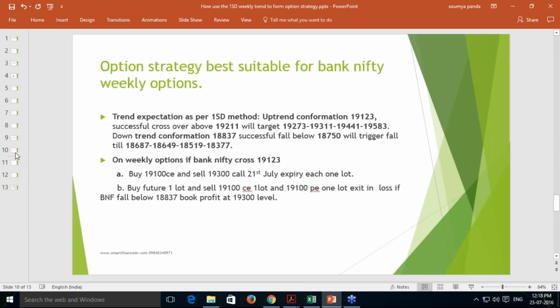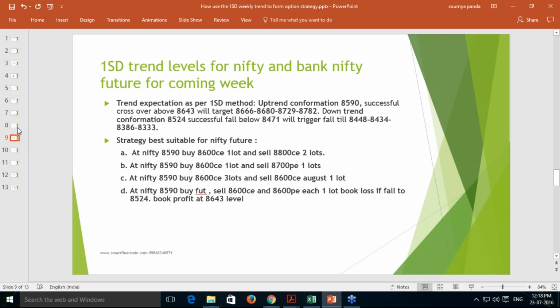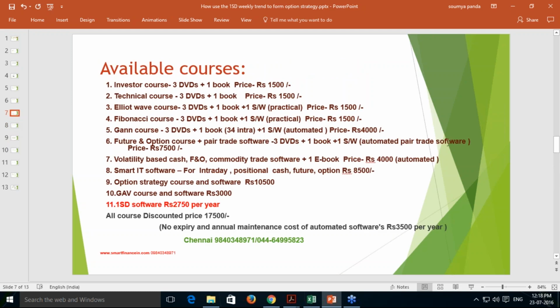Whenever we talk about our courses, our books, literature, DVDs, all these things we sell in this domain, whenever we talk about this concept, suppose you are taking our technical course, you are not just learning the candlestick, the 2 candle, 3 candle patterns, or how the candles are moving up or down. Whenever you are learning about the head and shoulder pattern, some other books will just give you that if it looks like this, it is a head and shoulder.